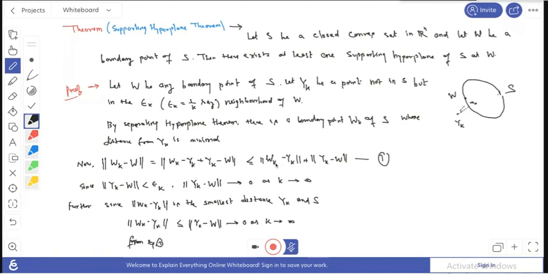Since wk minus yk tends to zero as k tends to infinity, and yk minus w also tends to zero, this implies that wk minus w tends to zero as k tends to infinity. Or you say that wk tends to your boundary point w.